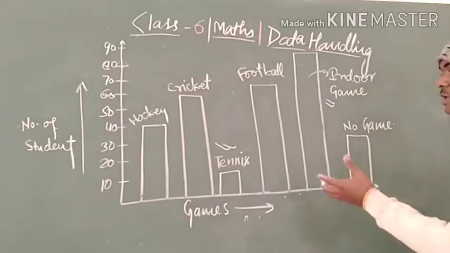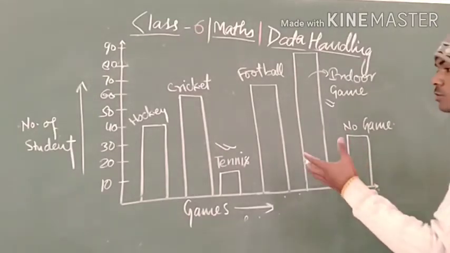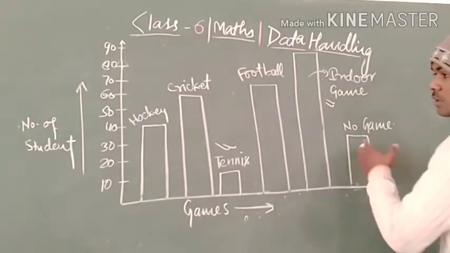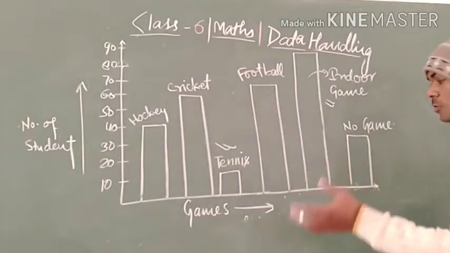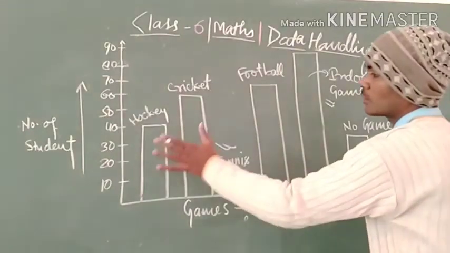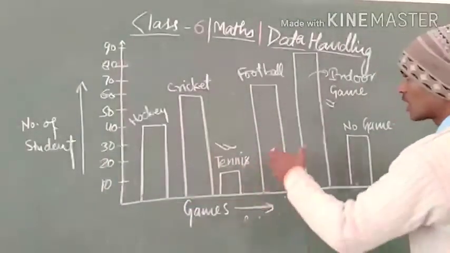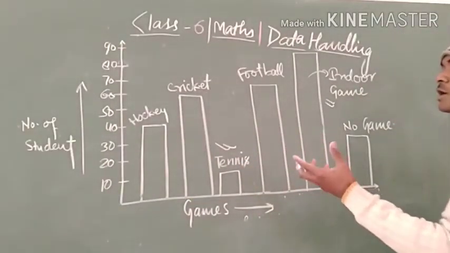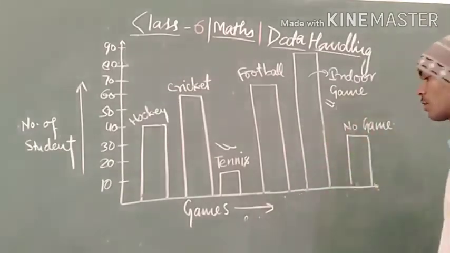And 30 students have no game. So the sum of all these will be the total number of students.